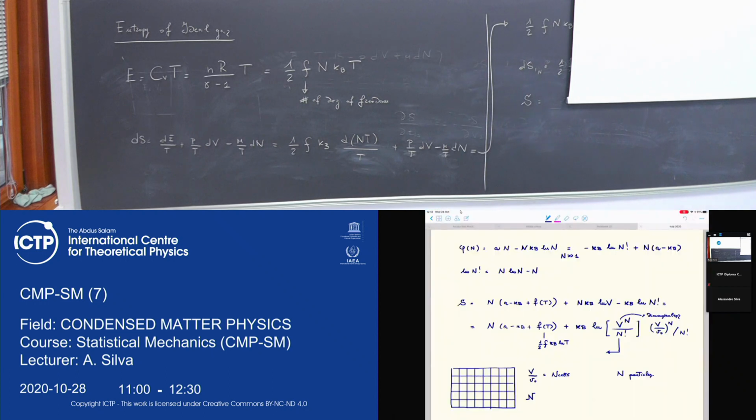If this is the number of configurations, n conf, not n cells, not n part, but n conf, and the probability is equal to 1 over n conf, this formula tells me that the entropy is minus k Boltzmann times log of the probability.